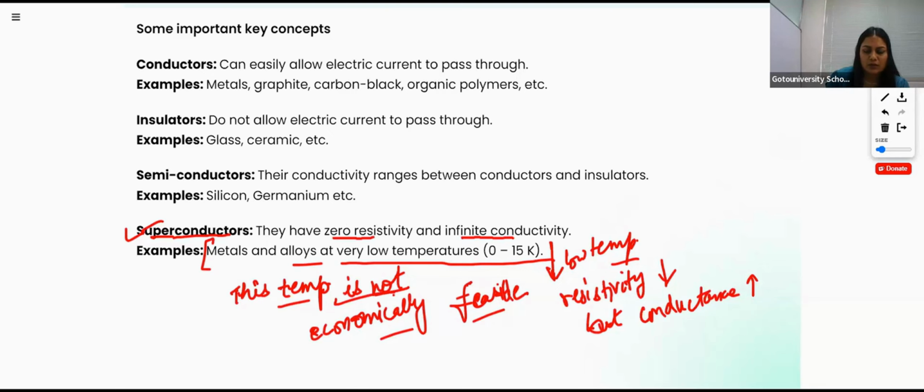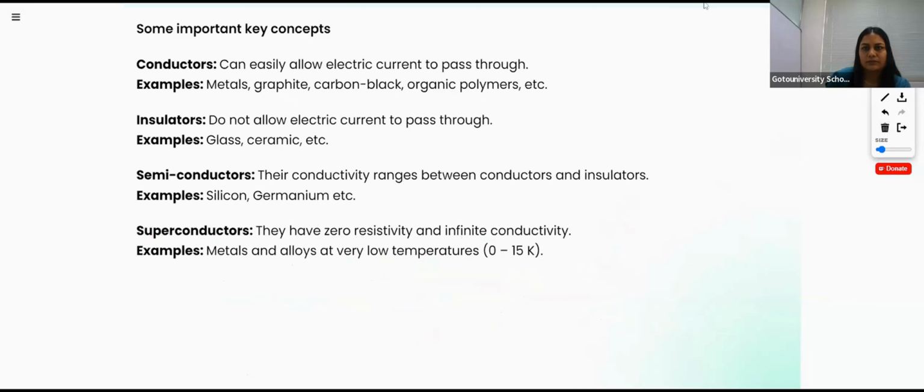Unless there is a need for superconductors, we cannot use them easily. They are not readily available because attaining this low temperature is economically not feasible, and such temperature is hard to achieve for metals.